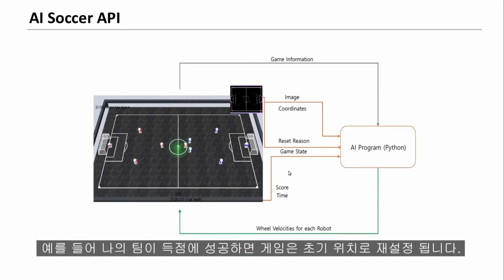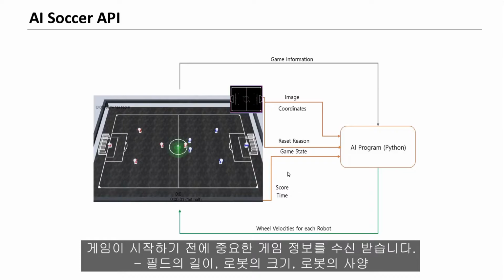For example, after my team scored, the game is reset to the initial position. Before the game starts, you also receive important game information like the field dimensions and the robot specifications.